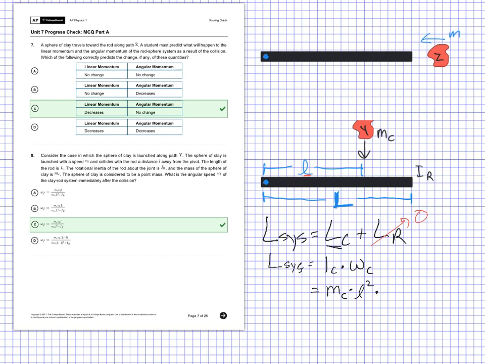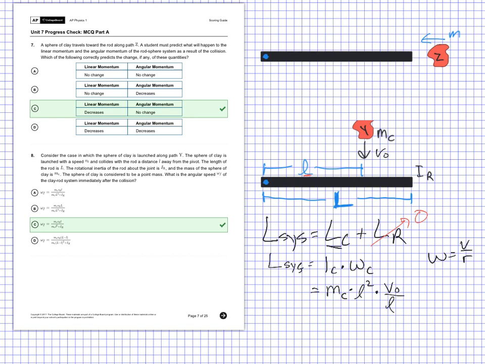Instead of using omega, omega is just v divided by r. So I would just substitute in that if it's moving at a speed v initial, and the length away that would be discussed would be lowercase l.